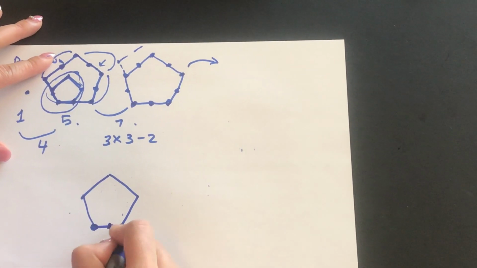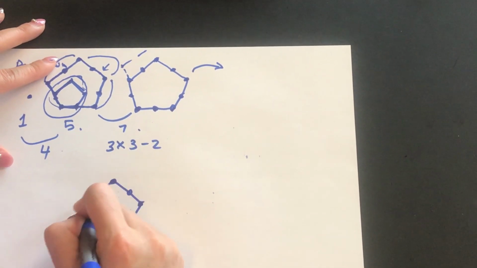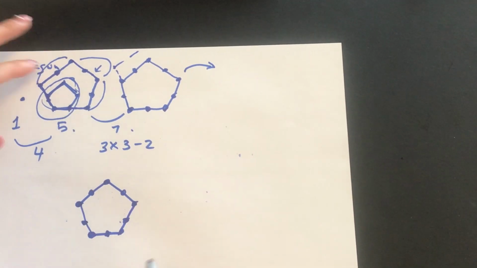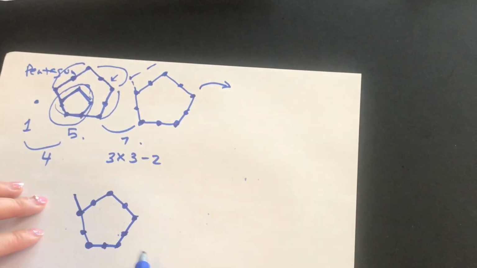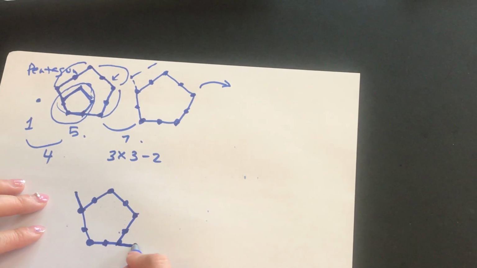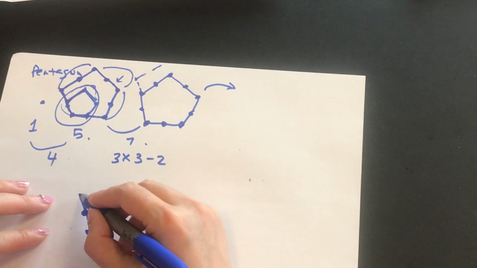So I have 1, 2, 3 now. Extend one side out, 2 sides out. Now you have 1 more point on each side.